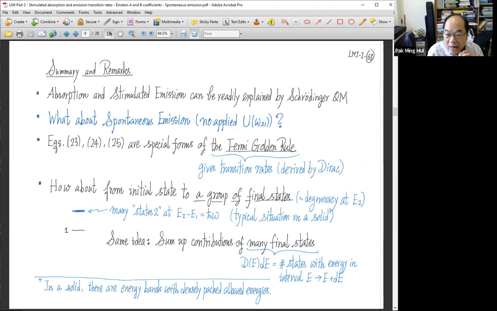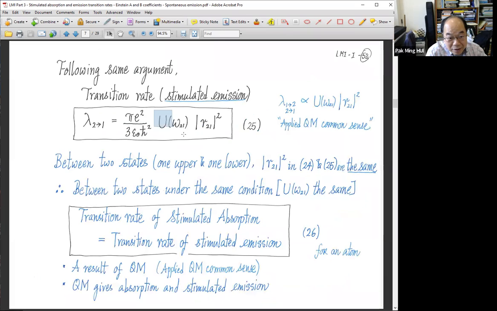So let me summarize this part. We have done the stimulated emission and stimulated absorption. You may wonder, what about spontaneous emission? Now, that is hard within Schrödinger quantum mechanics, because if we follow the emission formula, the problem is there's nothing to stimulate it.